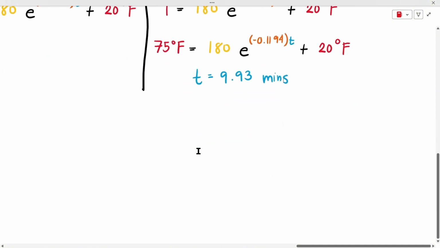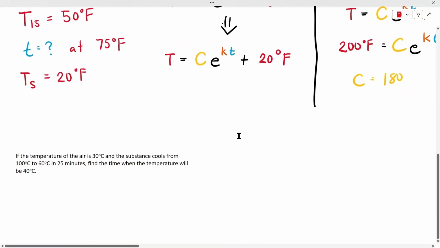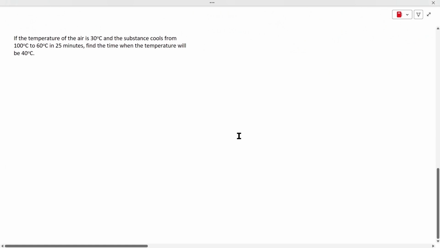Another example. Second example: if the temperature of the air is 30 degrees Celsius and the substance cools from 100 degrees Celsius to 60 degrees Celsius in 25 minutes, find the time when the temperature will be 40 degrees Celsius. Let's analyze the given.